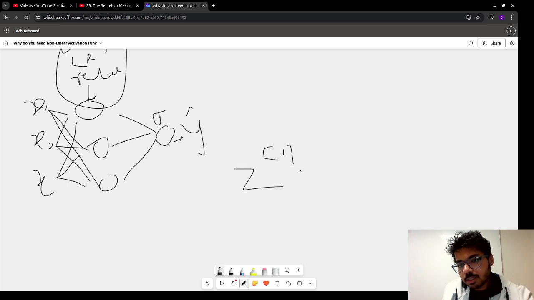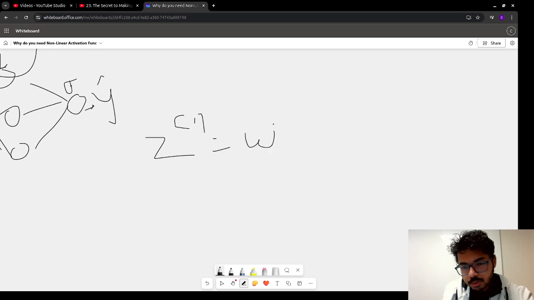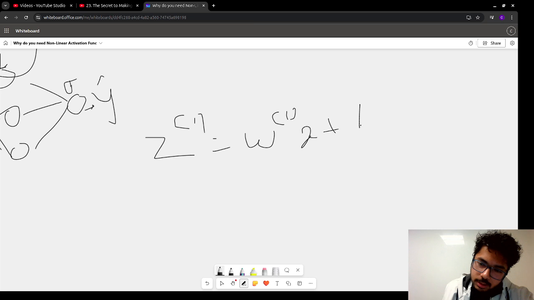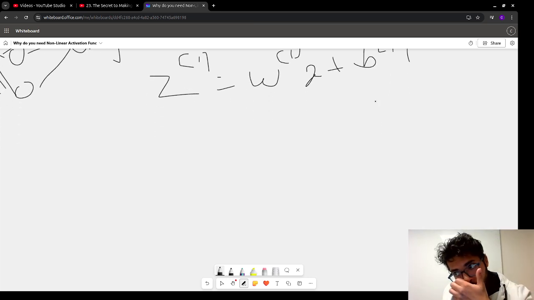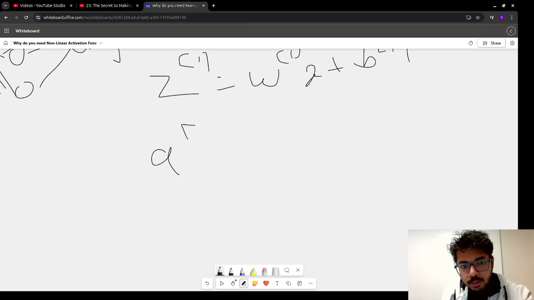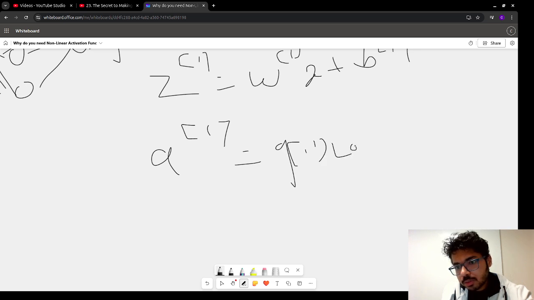So z1 is going to be equal to w1 x plus b1, then a1 is going to be equal to g1 of z1, right? But we can call it directly z1.